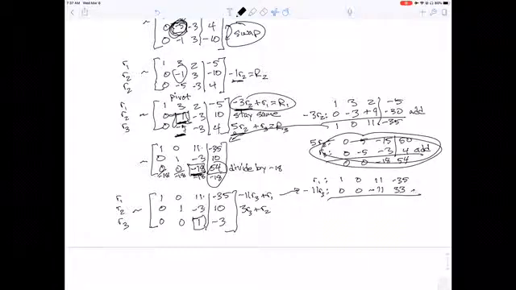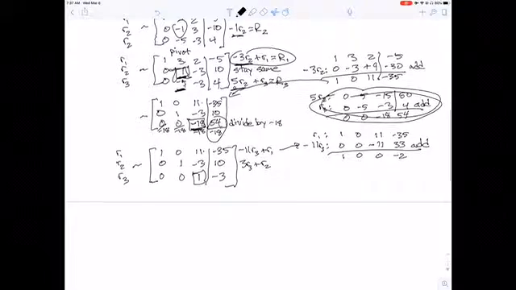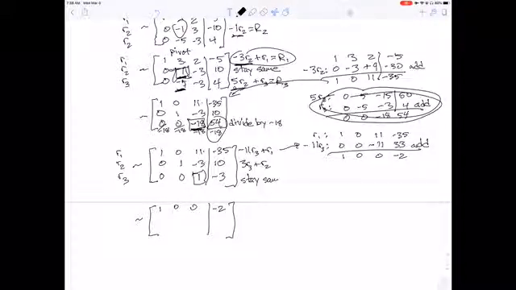So when I add these together, those 11s cancel, and I have 1, 0, 0, negative 2. And that is going to be my new row 1, 1, 0, 0, negative 2. Let's figure out my new row. Row 3 is going to stay exactly the same. And so I have 0, 0, 1, negative 3.